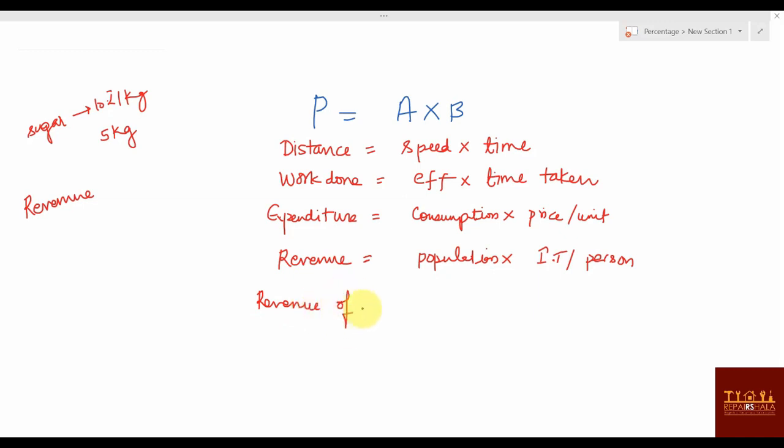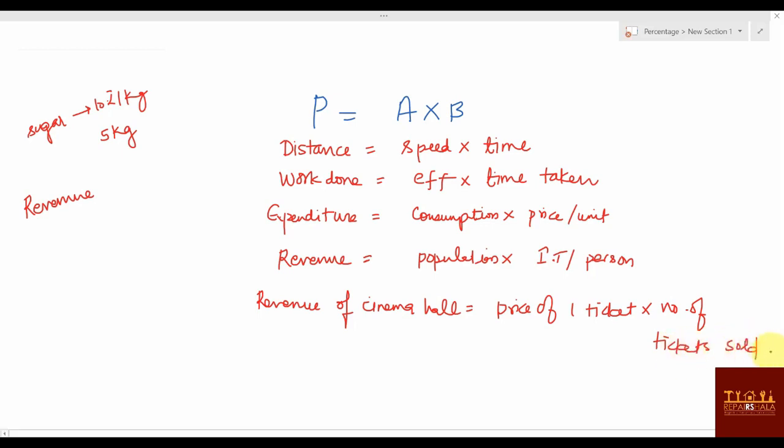Suppose I am talking about the revenue of a cinema hall, per day. What can you say? Price of one ticket, or unit price, into number of tickets sold. Revenue of cinema hall will be price of one ticket into number of tickets sold.